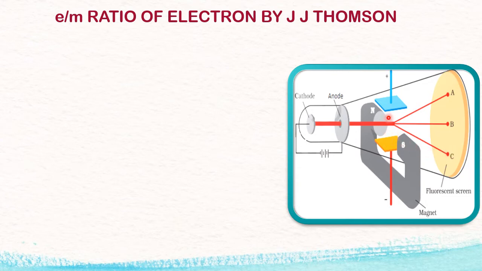In the presence of only the electric field, the electronic spot was on A. In the presence of only the magnetic field, the electronic spot was on this point C.